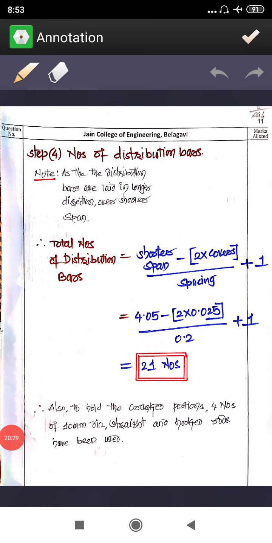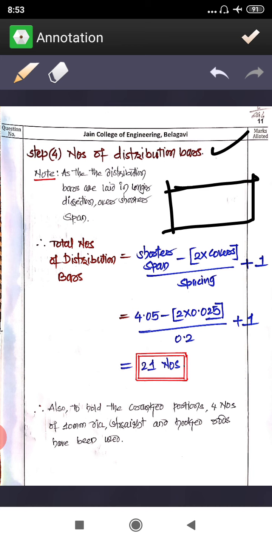Now numbers of distribution bars. See, as the distribution bars are laid along the longer direction over the shorter span, the spacing of distribution bar will be there over the shorter span. If you take a span here, bars will be laid like this in a longer span.